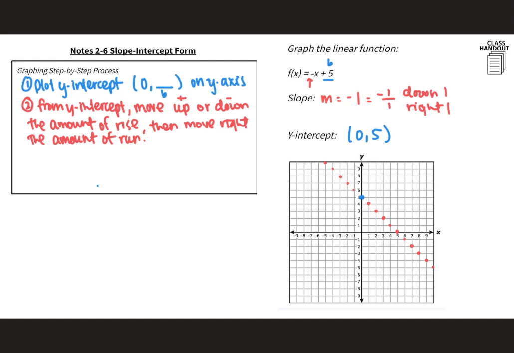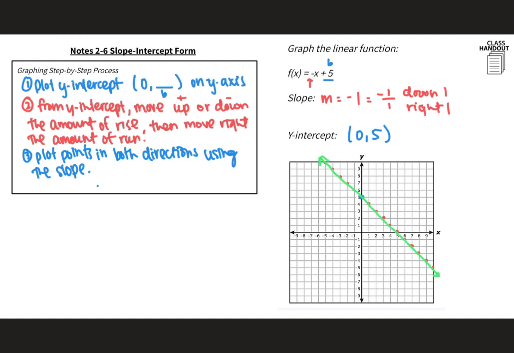So we're going to plot points in both directions using the slope. Okay, and then from there, we can connect our points as best as we can, drawing arrows in both directions.